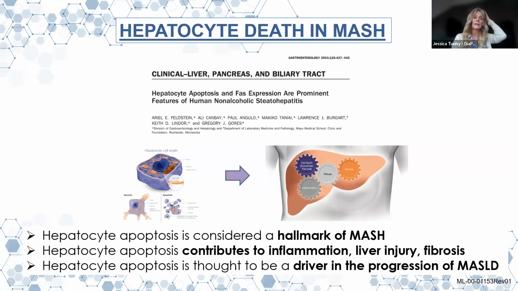Hepatocyte apoptosis is now widely recognized as one of the hallmarks of MASH. Hepatocyte apoptosis in turn can activate immune cells and hepatic stellate cells, which then leads to chronic inflammation, liver injury, and fibrosis. So since hepatocyte apoptosis is thought to be an important, if not a critical driver in the progression of MASH.